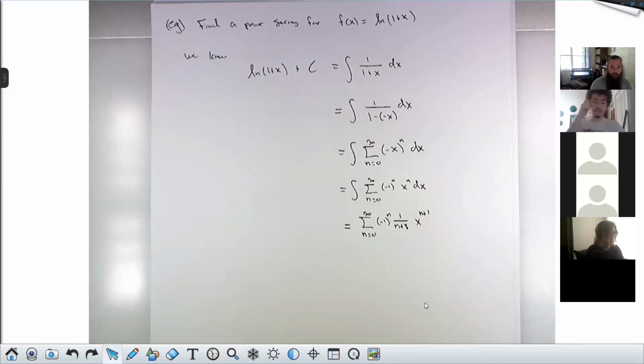Add 1 to the power, divide by the new power. It's as though you can ignore all the series stuff, right? If you ignore all of this and you just integrate x to the n, you get 1 over n plus 1 times x to the n plus 1. Normally, I would write a big plus c out front here, but I've already written the plus c over here.